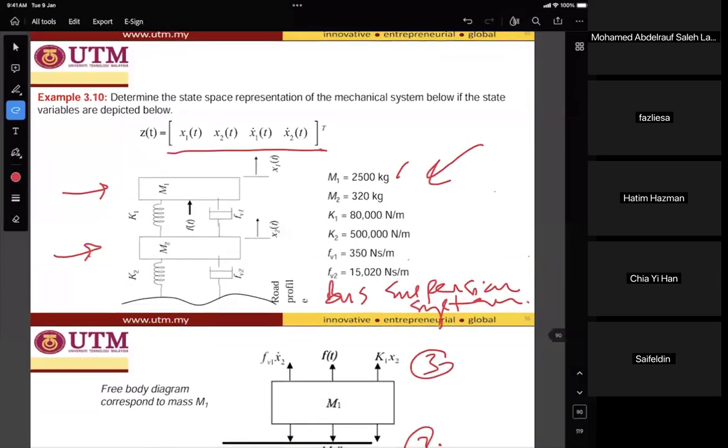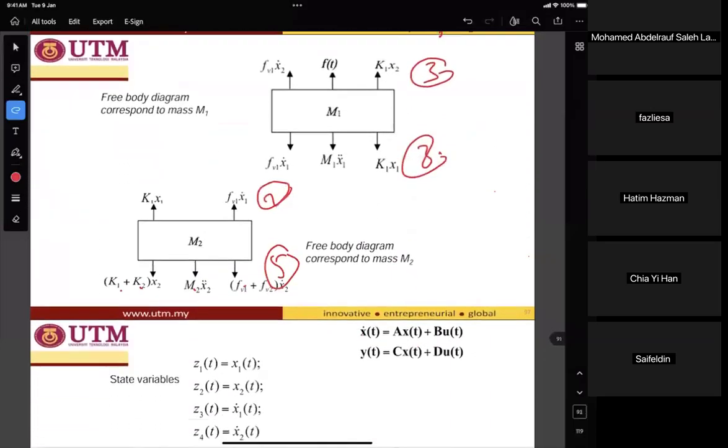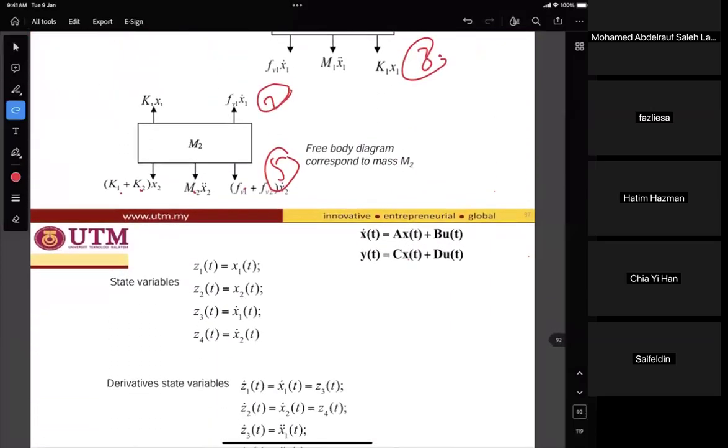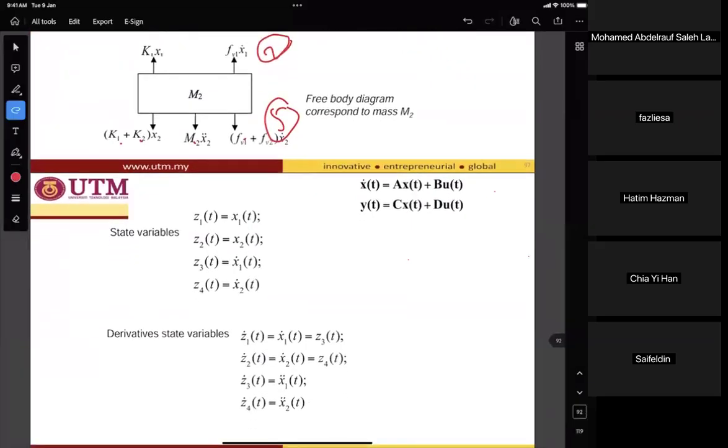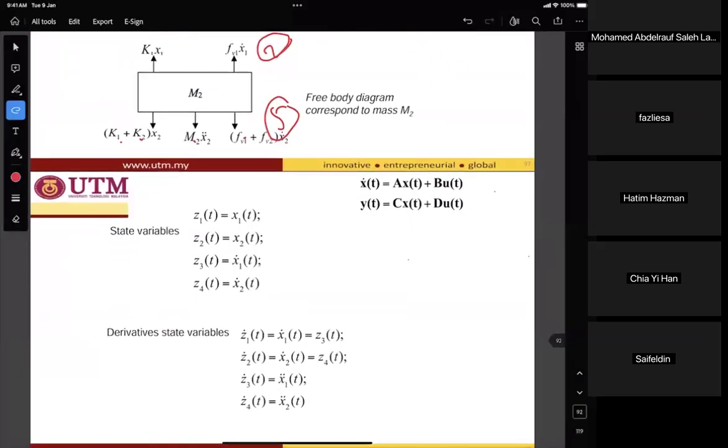Do not use X, use Z: Z1 is X1, Z2 is X2, Z3 is X1 dot, and Z4 is X2 dot. We want to find the derivative state variables: Z1 dot, Z2 dot, Z3 dot which is X1 double dot, and Z4 dot which is X2 double dot.